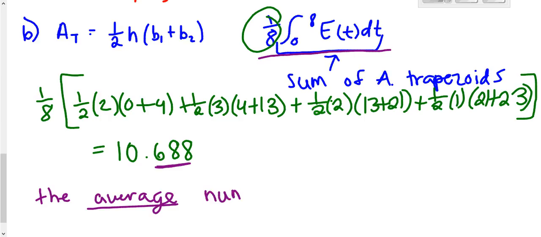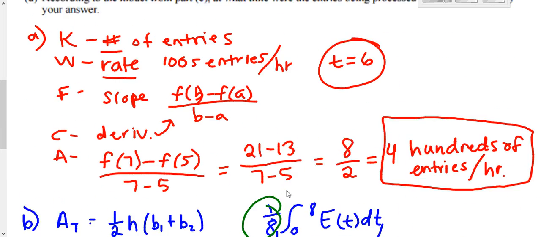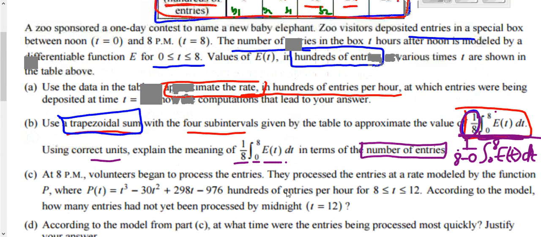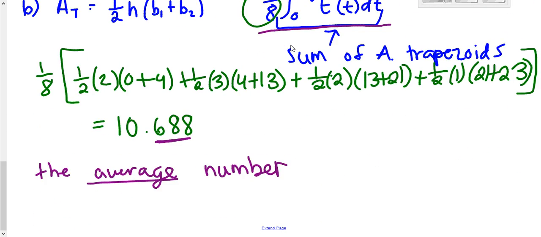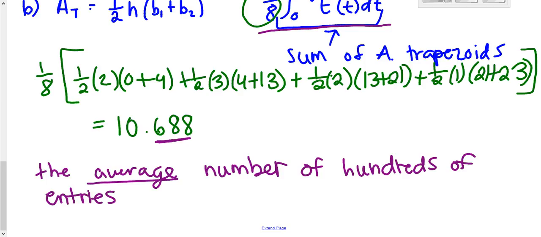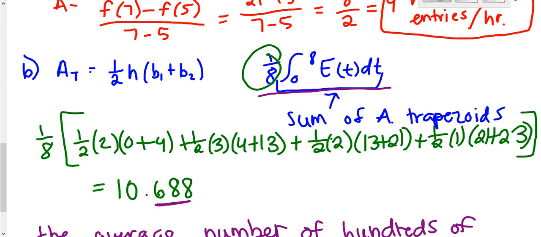number of, and we have to be careful here. So we have average number of entries, but remember we're talking about hundreds of entries. So this is the average number of hundreds of entries in the box between, what did they say it was between?